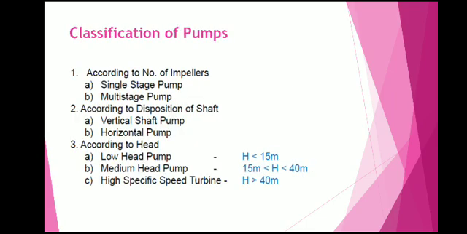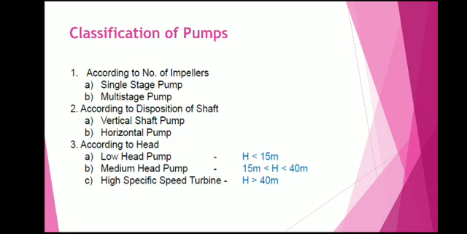Let's see the classification of pumps. First, classification according to the number of impellers: it may be single stage or multi-stage. Then classification according to the disposition of the shaft: vertical shaft pump and horizontal pump.